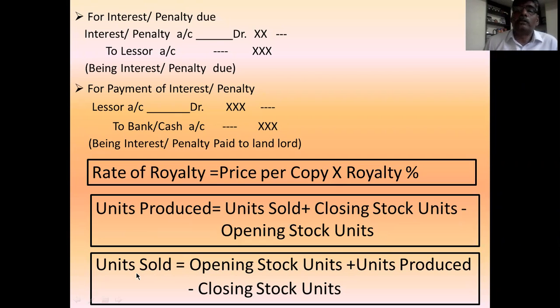And if units sold is not given, then units sold is equal to opening stock units plus units produced minus closing stock units. Okay, you remember these equations. This is the basic point in connection with the accounts. Now, it is the accounting procedure.